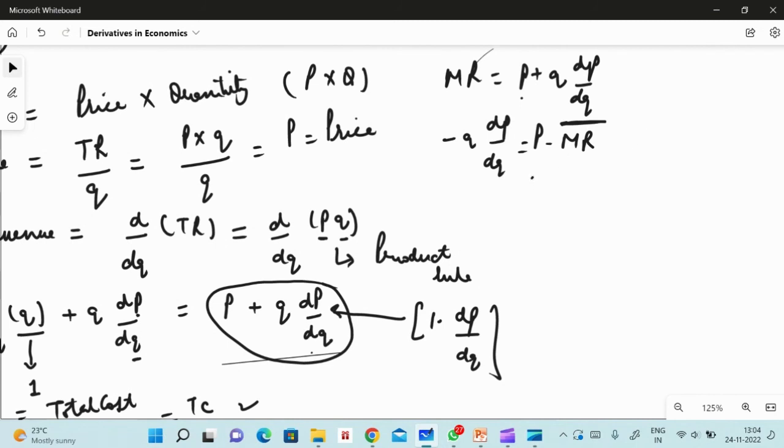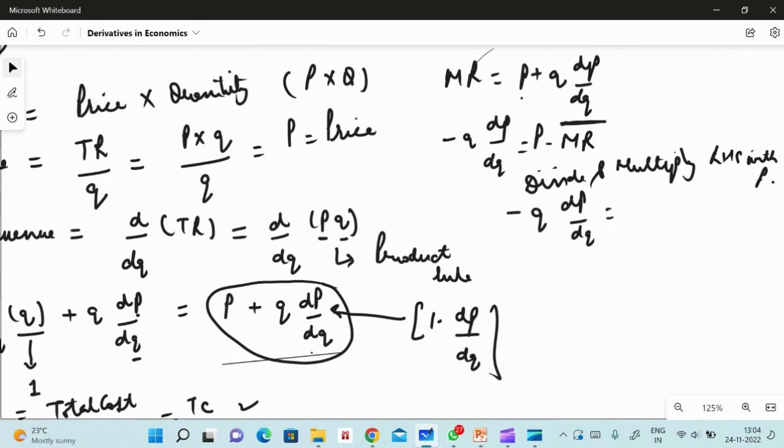And the next step is to divide and multiply the right hand side with P. Okay, so I can get minus Q dP by dQ is equal to (P minus marginal revenue) into P divided by P. If I cancel this, I will get 1. So there is no change in the answer.